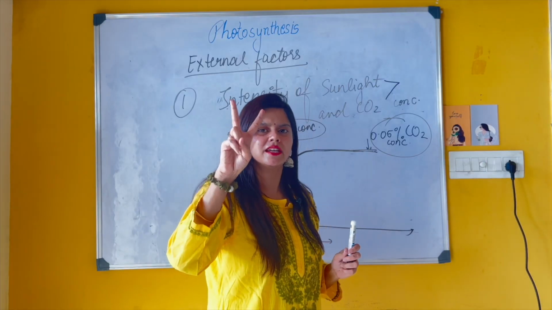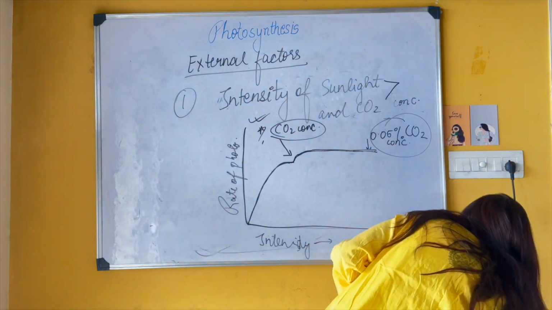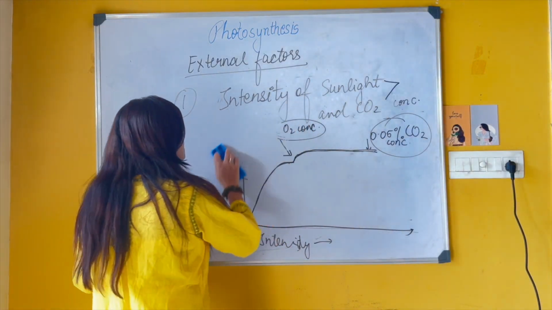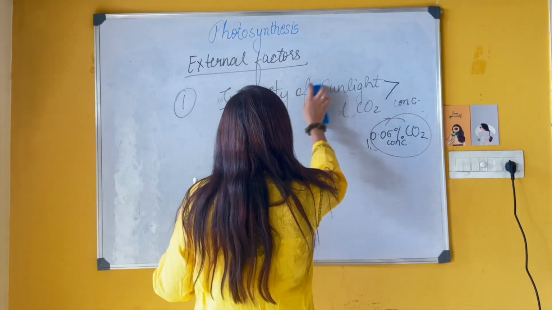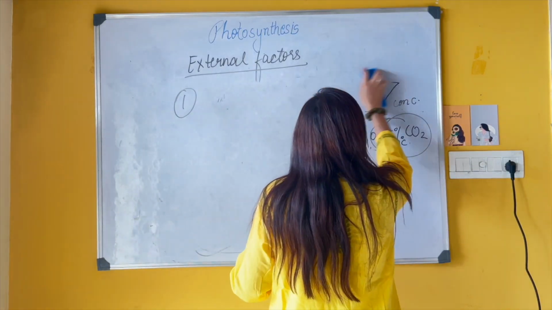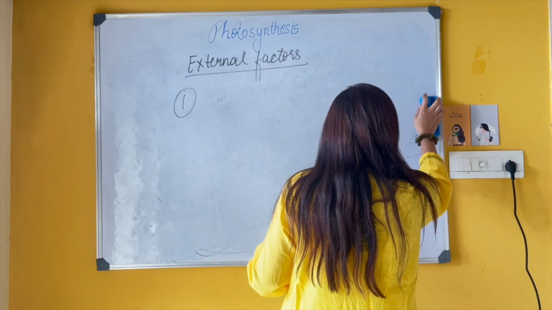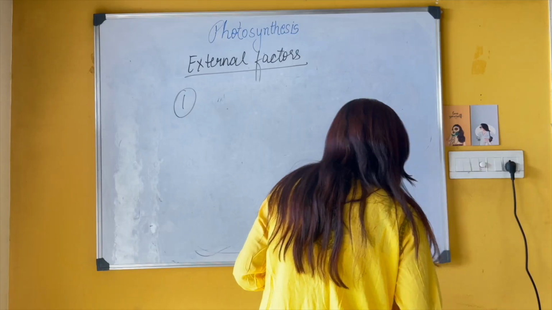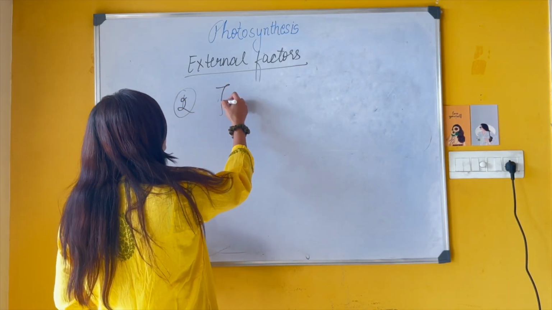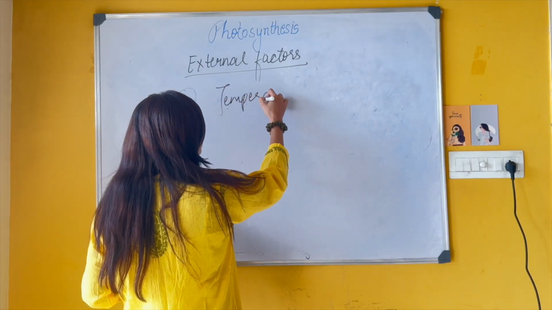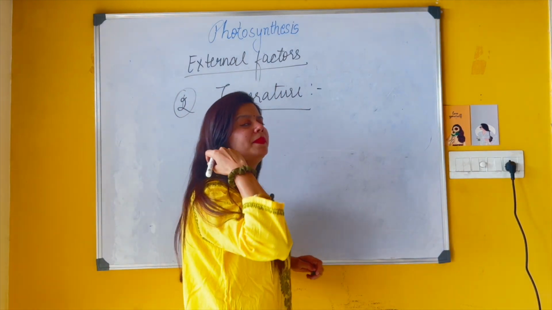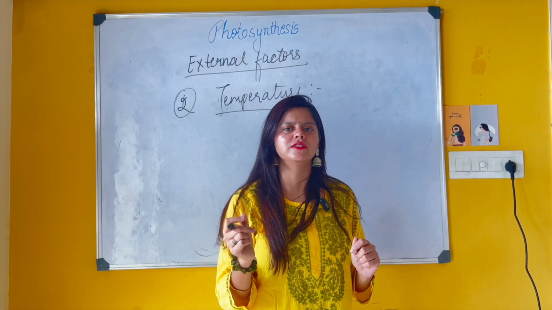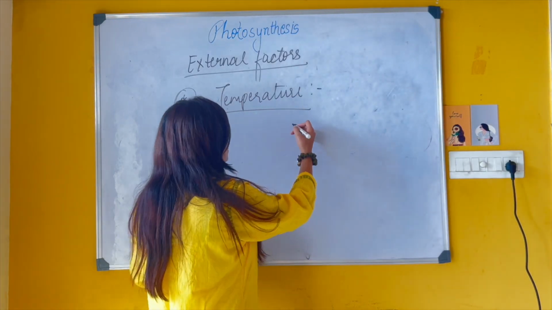Now the second external factor. Second external factor is temperature. Temperature also affects photosynthesis. How?